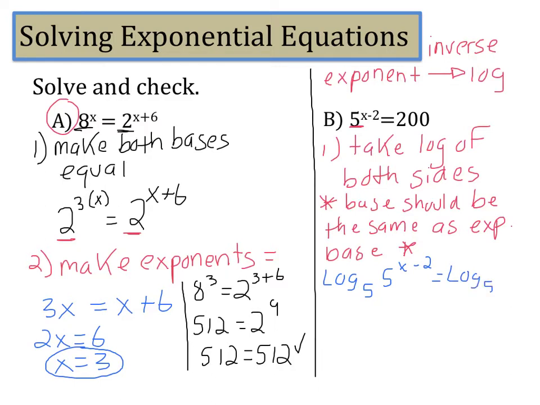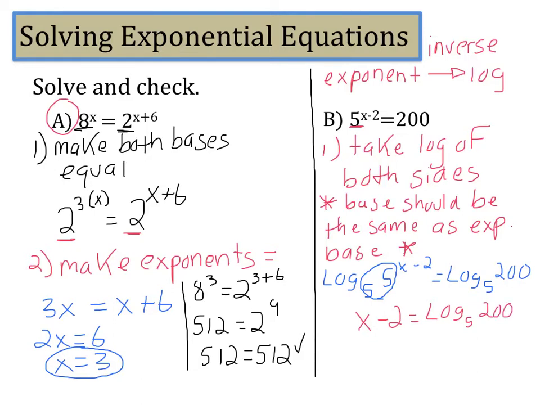So we have log base 5 of 200. So we learned in the previous section that if we take the log base of another number that's similar, these things just cancel out. So left side becomes x minus 2 equals log base 5 of 200.